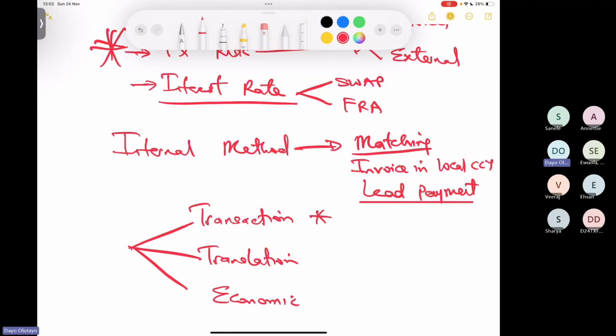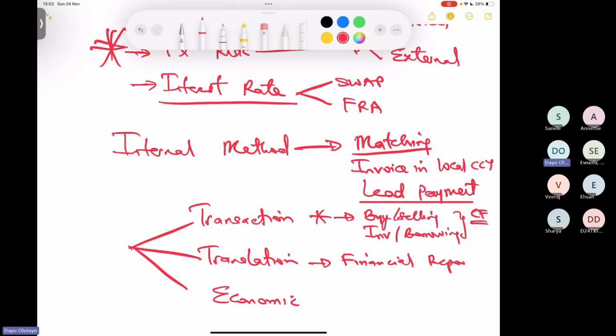Transaction is where we focus so much because this is a result of what you are buying or what you are selling, or your investment or borrowing. And you can see that there is a cash flow implication here. Translation is due to financial reporting. So we are not focusing on it, but you need to know that it's a financial reporting risk.